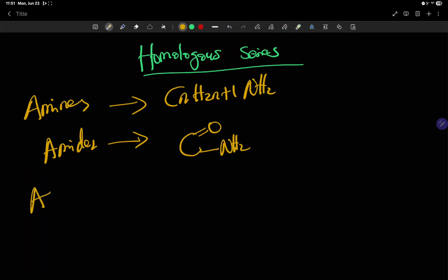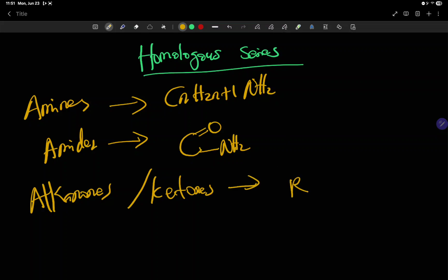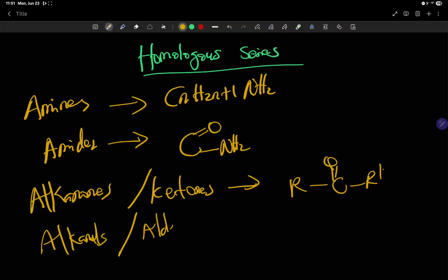Now, when we're talking about alkanones, or they are called ketones, their general formula is something like this: R-C=O-R. Then we're talking about alkanals. Alkanals have another name known as aldehydes.